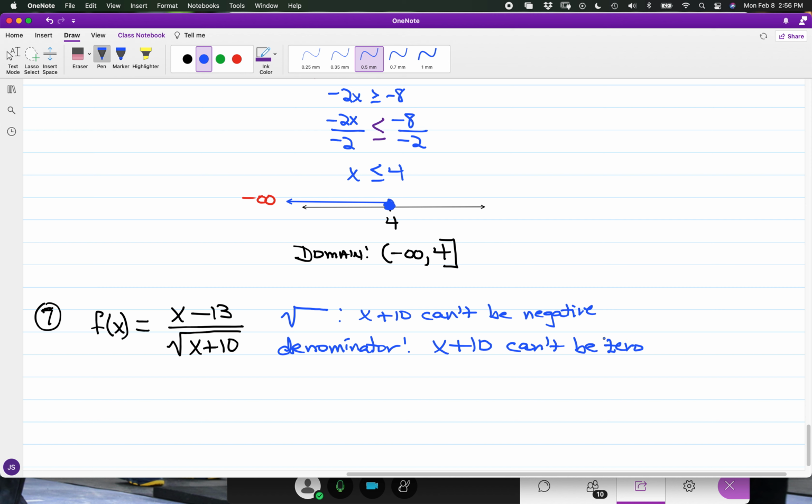Okay, so if x plus 10 can't be negative and can't be 0, the only remaining category is that x plus 10 must be positive.